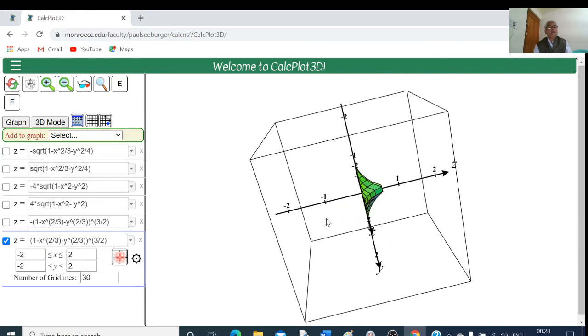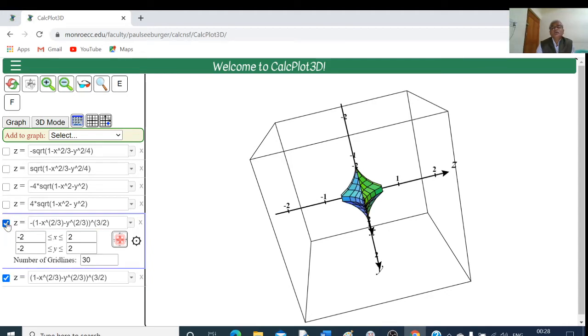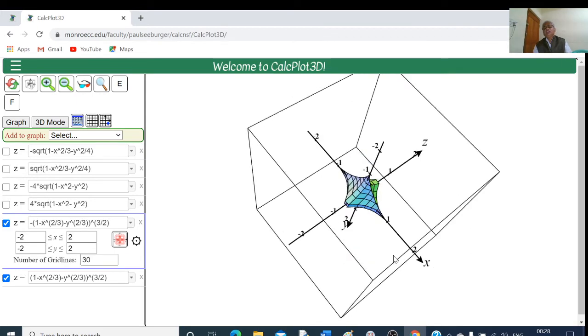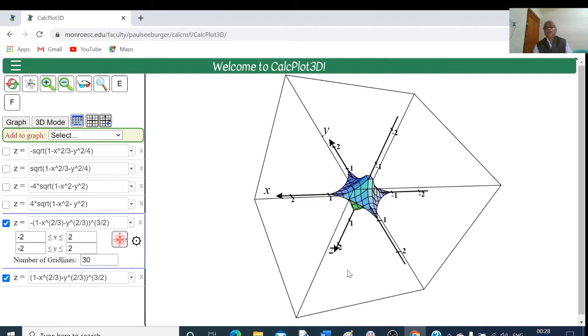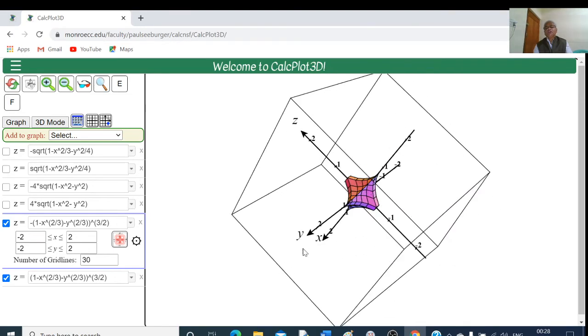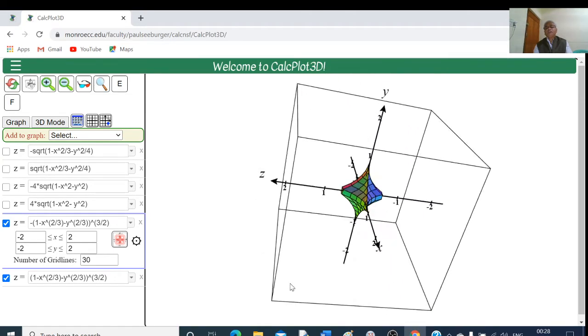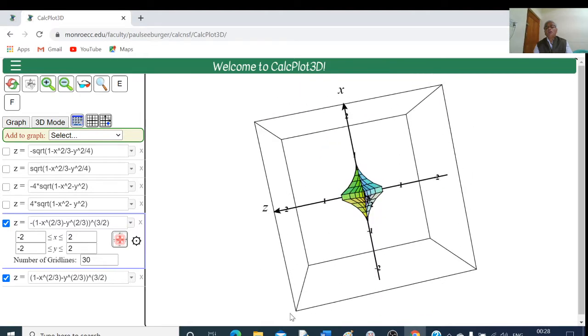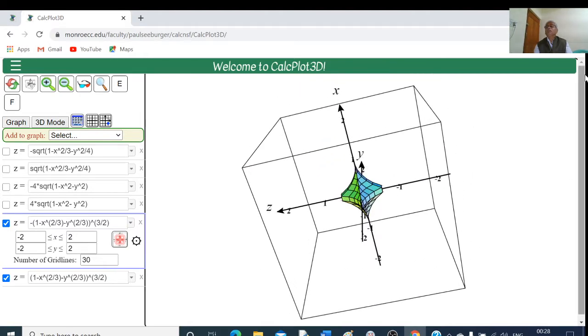And this is the full figure. If the curve rotates around the x-axis, this is the shape of that figure. We have to find the volume of this figure.